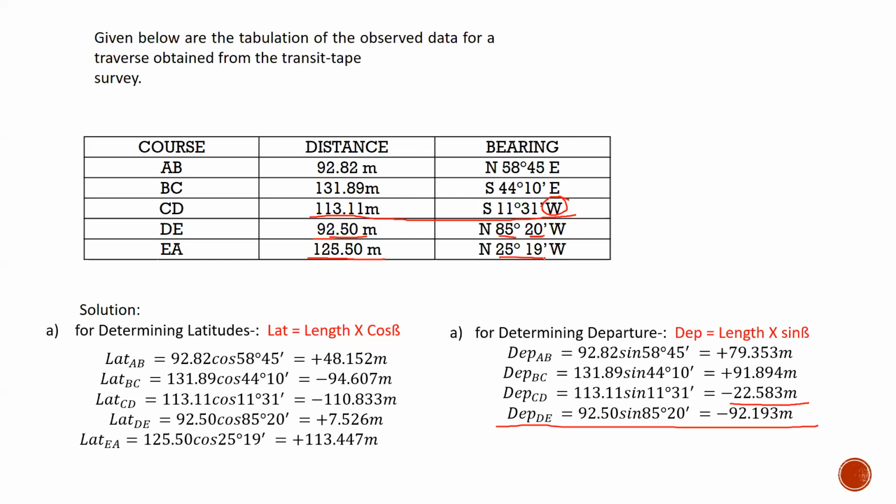We have negative 53.666 meters. As you can see, that is negative. Why? Because the departure is in the west. So it is negative. Again, it is very important to indicate the sign of our latitude and our departure.